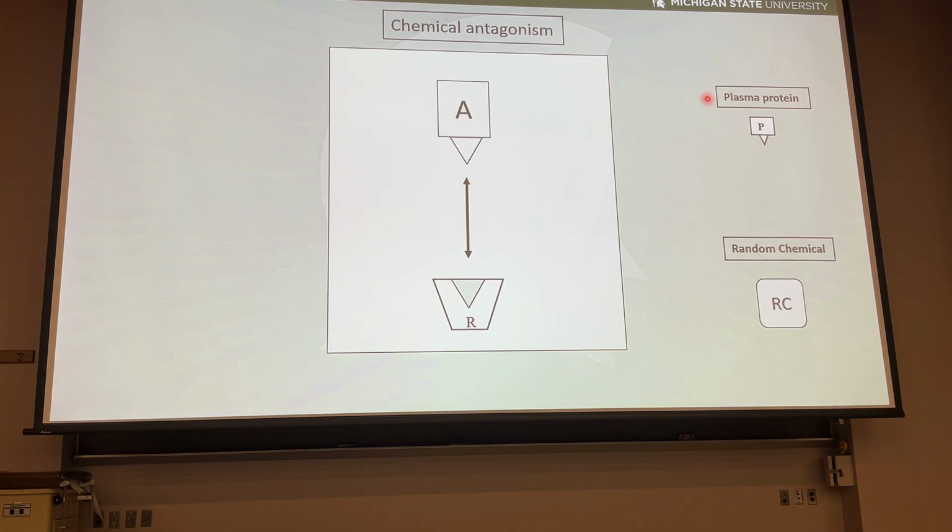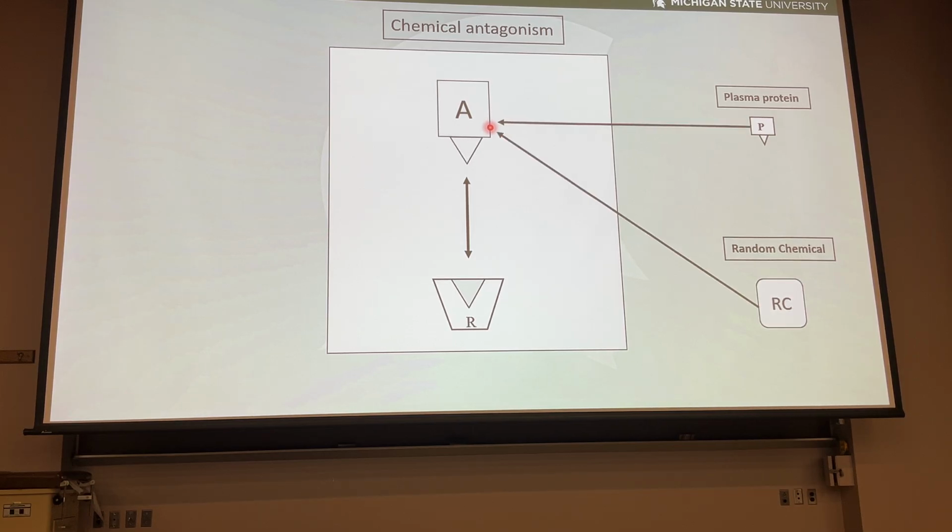Example would be plasma proteins. We talked about albumin, first day, second day, whatever day. Albumin can bind to an agonist and prevent it from binding to a receptor. That's a chemical antagonism situation. Some random chemical that can just bind to it and either inactivate the agonist or just sequester it away, that's chemical antagonism, okay?